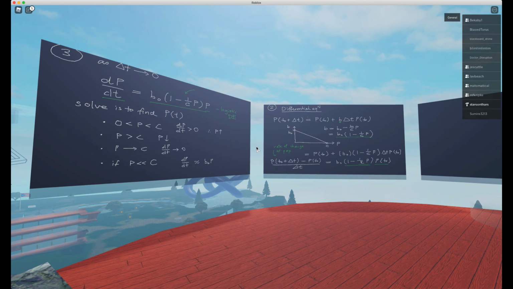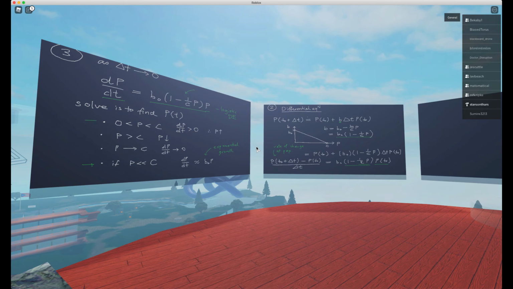Now that differential equation describes a population that in every unit of time increases by an amount proportional to the current population. That's exponential growth. Okay, so just examining the differential equation and doing some basic reasoning, we've discovered maybe half of the interesting features of logistic growth, namely that for low populations there's exponential growth.